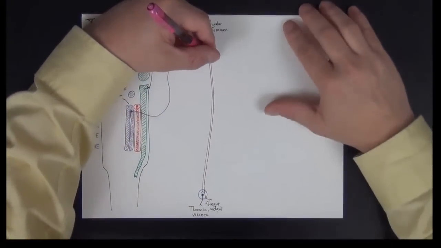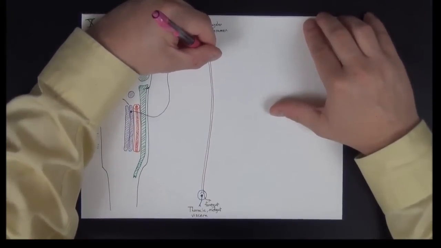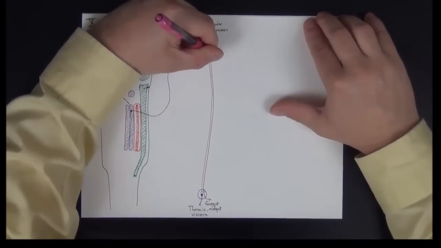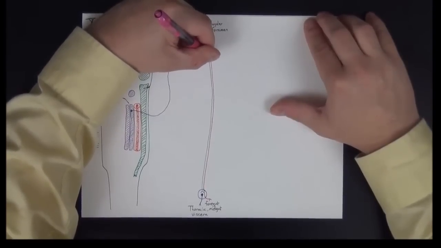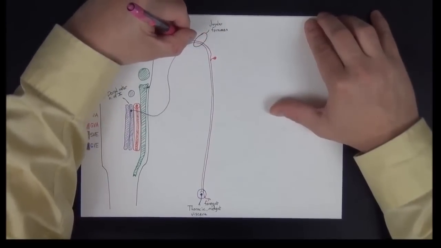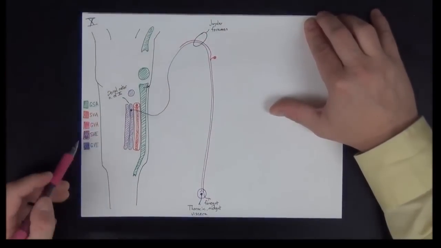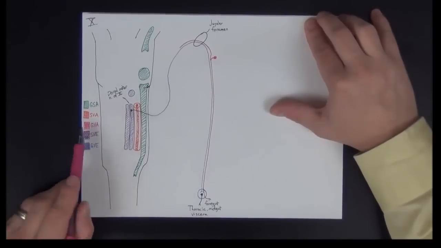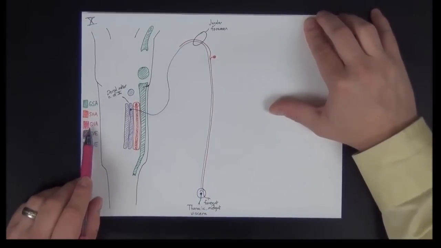And since they're sensory, we've got to remember, they're going to have those pseudo-unipolar axons hanging out and heading back. Now, these I've colored in a lightish pink because they're GVA, general visceral afferents.